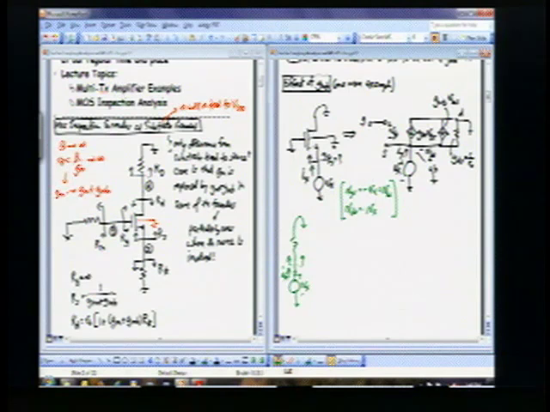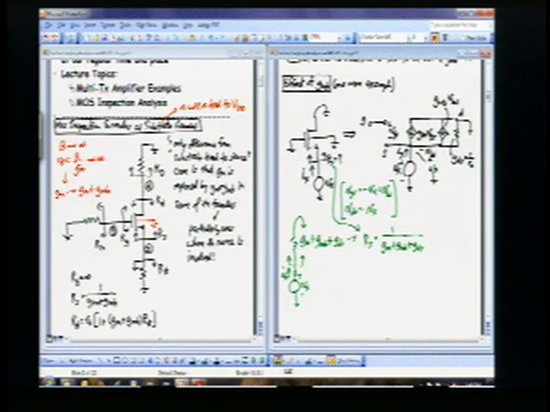This is the resistance I'm looking at here, and this conductance I can call GM plus GMB plus GDS, which means that the total resistance that I'm looking into, this RS that I'm looking for, is then just going to be 1 over all of these added together: GM plus GMB plus GDS.